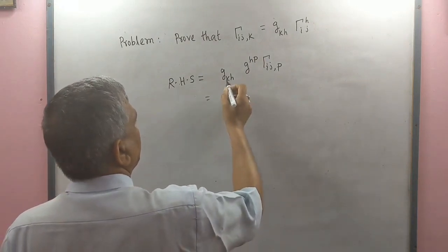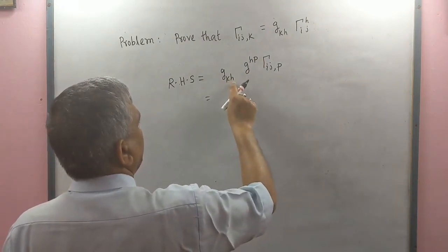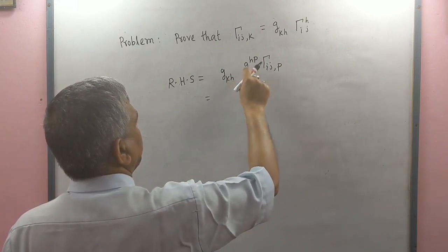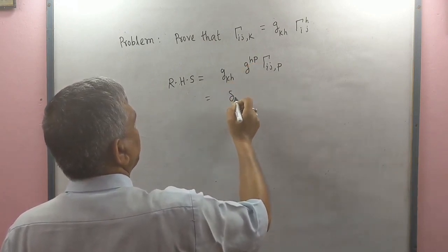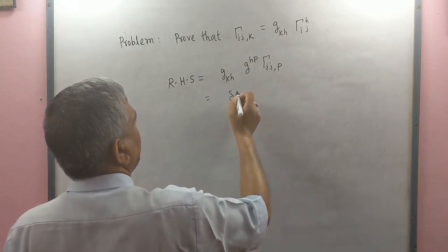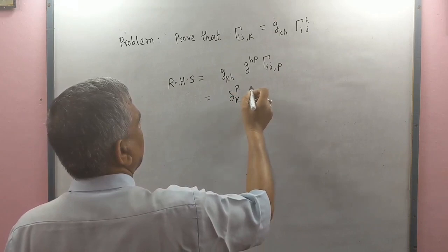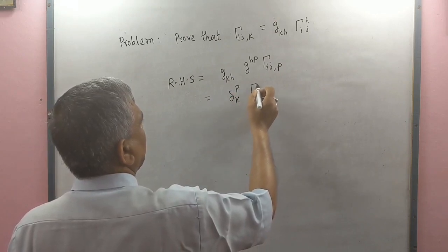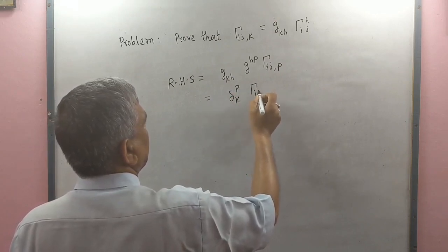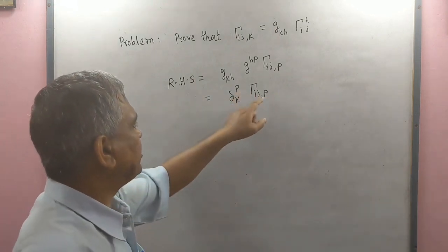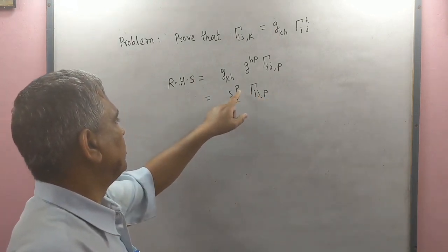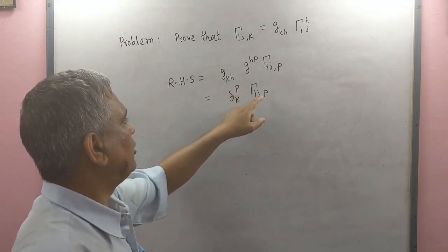Here g^kh and g_hp. h is the common, so this will be equal to Kronecker delta p k, Christoffel symbol of first kind p. Here p is the dummy suffix, so value of p may be 1, 1, 2, 2.